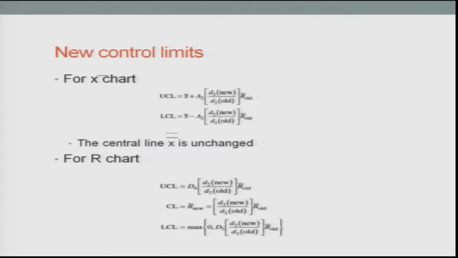Now, one important thing to remember is X double bar, which is the central line. Let me use the black color, it will be easy for me to specify. So, this is the x axis, this is the y axis, and you have the central line as given.